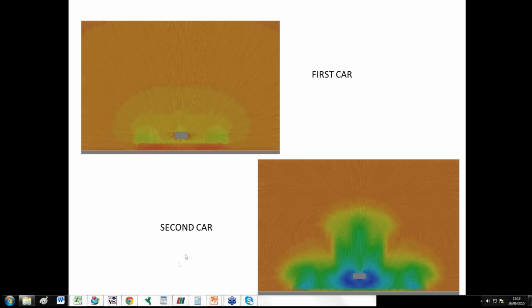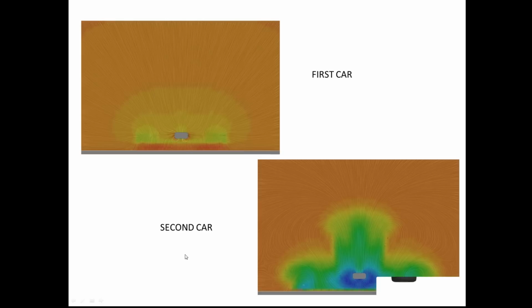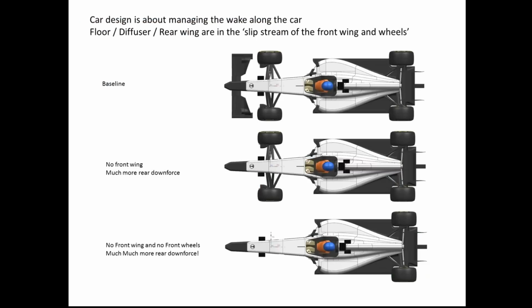And that's why I want to talk about the effect of this principle on car design. We are talking about slipstreaming, so two cars following each other, but you can actually think of only one car, and the concept of wake and loss of energy is very much applicable on just one car.